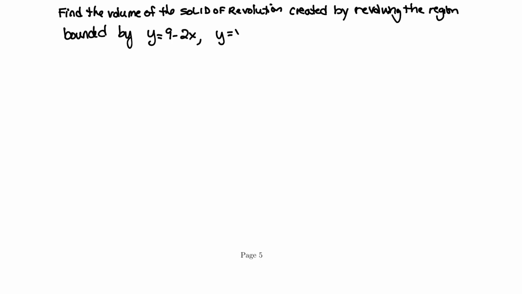Find the volume of the solid of revolution created by revolving the region bounded by y equals 9 minus 2x, y equals x, and x equals 0 about the y-axis.